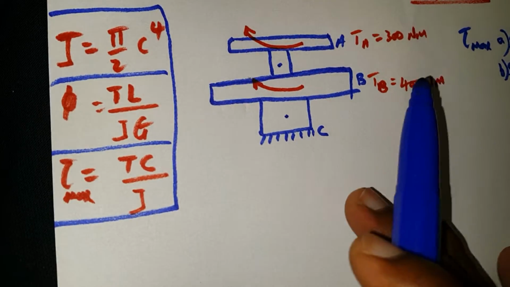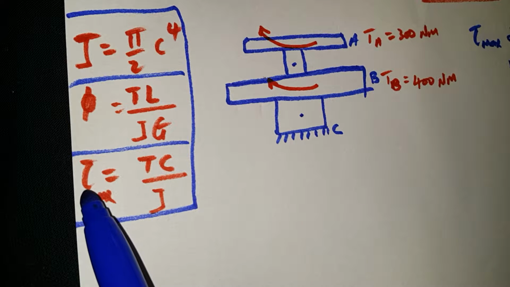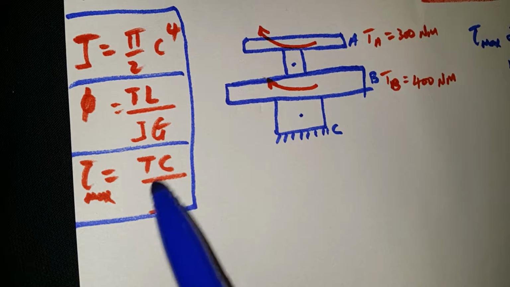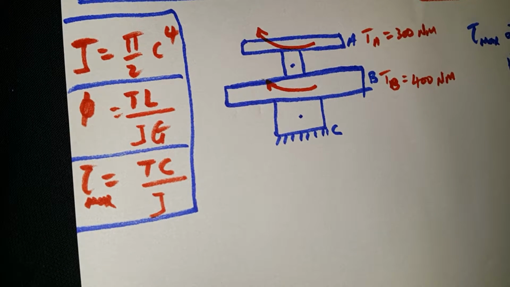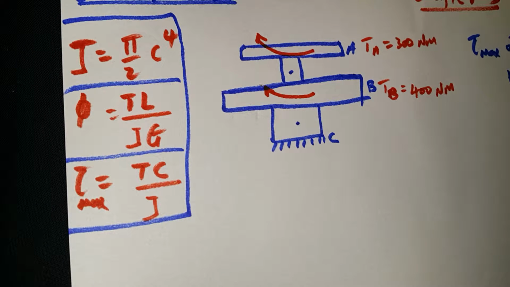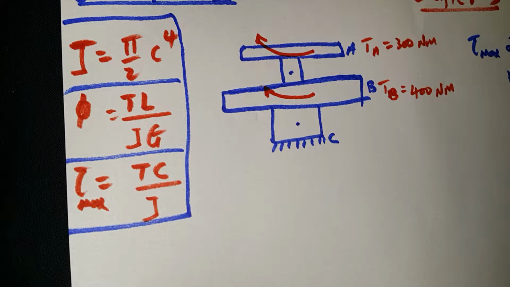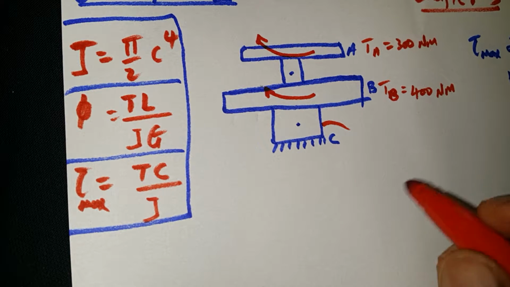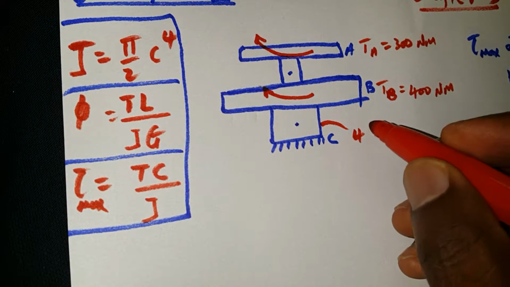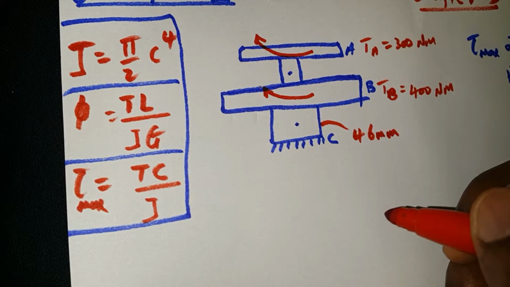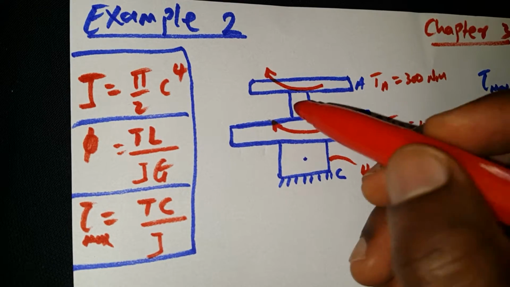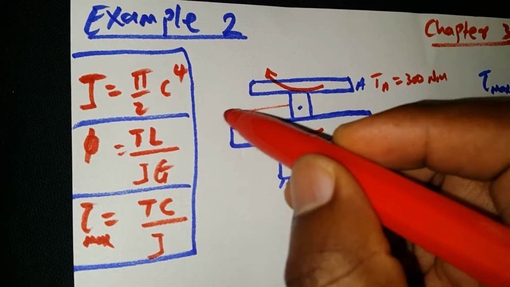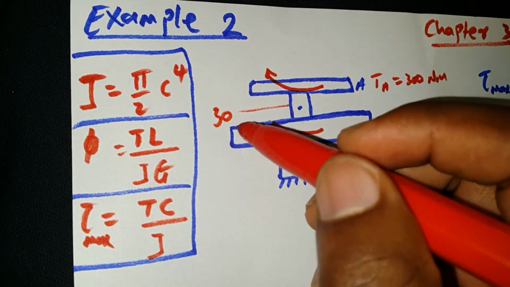When we look at our formula, we know that our maximum shear stress is TC over J. Here we are told that the diameter of this part is 46 millimeter, and the diameter of this part is 30 millimeter.